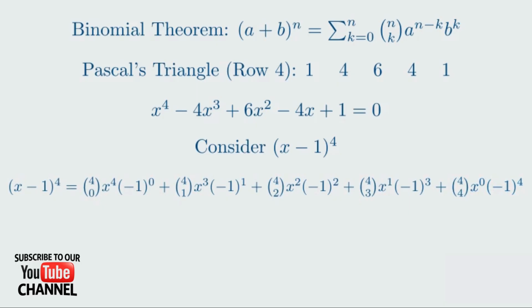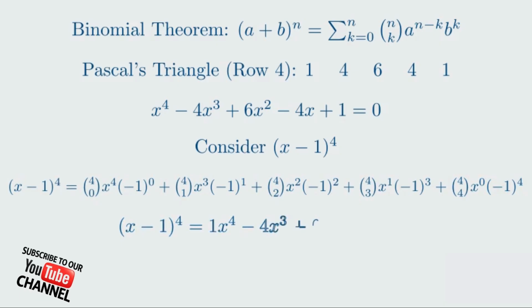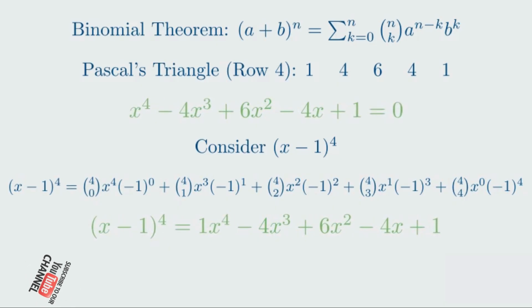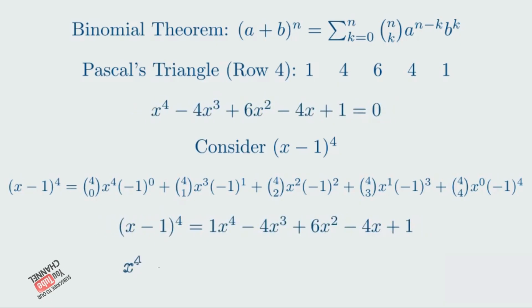Calculating the coefficients and signs, we get 1 times x to the fourth minus 4 times x cubed plus 6 times x squared minus 4 times x plus 1. Compare this to our original polynomial. They are identical. This incredible pattern matching reveals the polynomial's true identity.